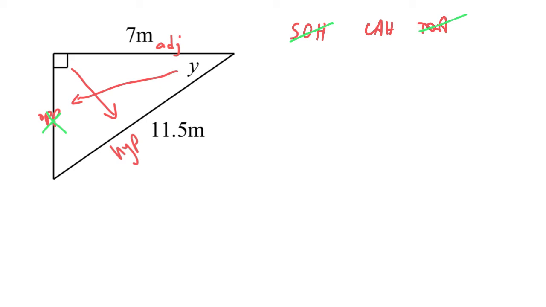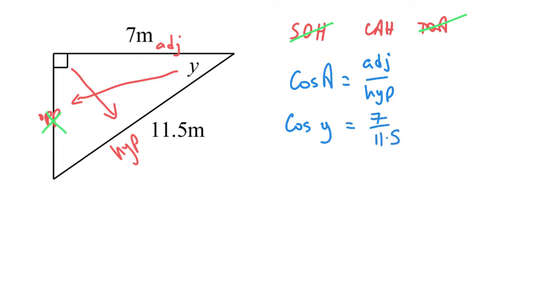So we're left with CAH, and that means the cos of A equals the adjacent over the hypotenuse. Put our information in, we get the cos of Y equals 7 over 11.5. Again, you'd want to divide by cos or take it away or something, but we don't do that. We do the inverse cos.